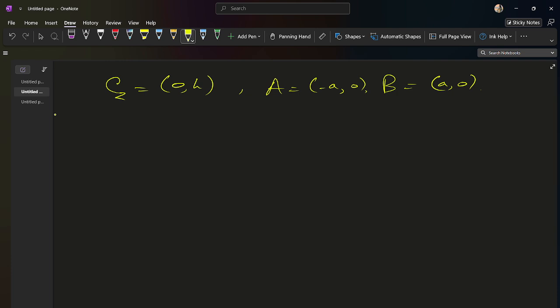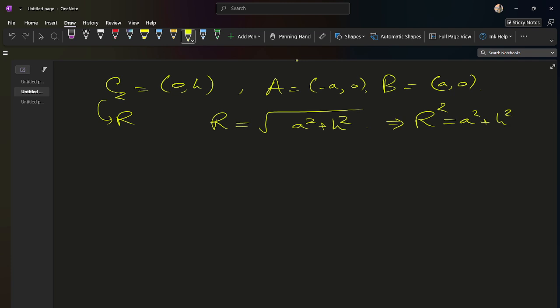We know that the radius of the new circle is big R. So R is equal to the square root of a squared plus h squared. We got it from the distance formula. Thus we can write R squared equals a squared plus h squared. Okay.